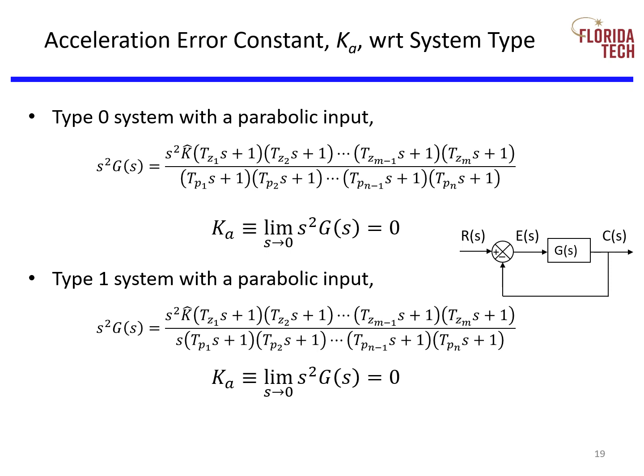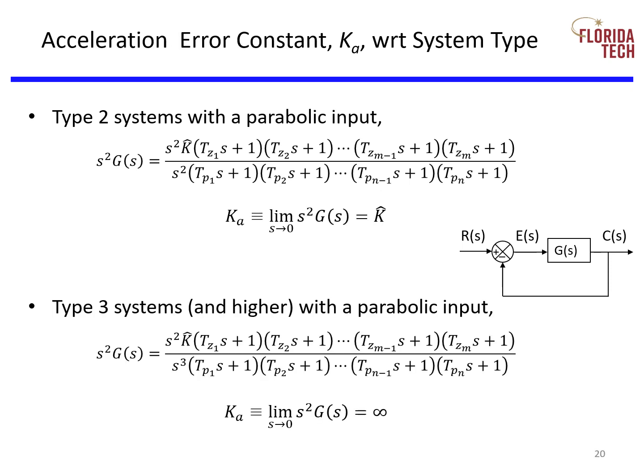Type 0 and type 1 systems result in Ka equaling 0. Type 2 systems result in Ka equaling K hat. And type 3 systems and higher result in Ka equaling infinity.